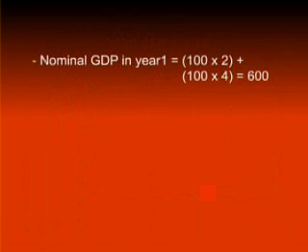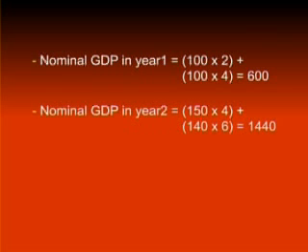Now, if you were to calculate the nominal GDP in both of these years for this economy, which is the whole of the economy that we have, then you would get 100 multiplied by 2 plus 100 multiplied by 4, which is equal to 600 as the nominal GDP for year 1, and 150 multiplied by 4 plus 140 multiplied by 6, which is equal to 1440 as the nominal GDP for year 2.